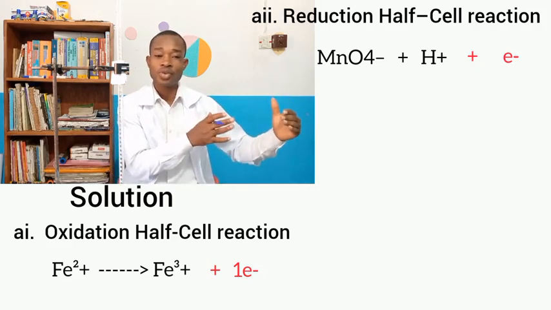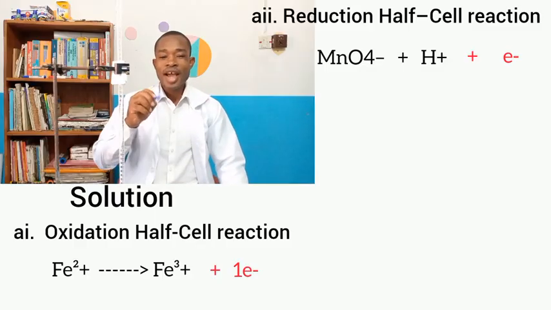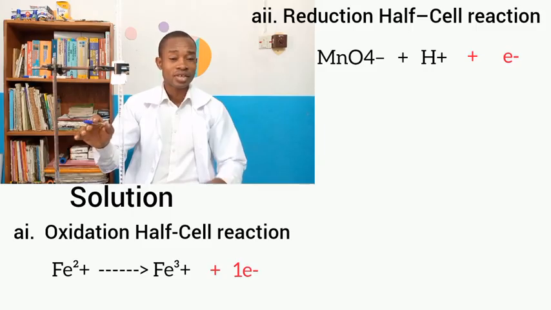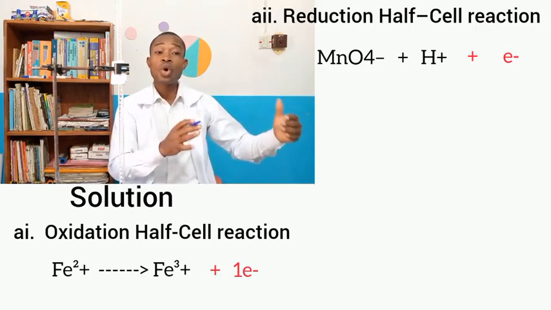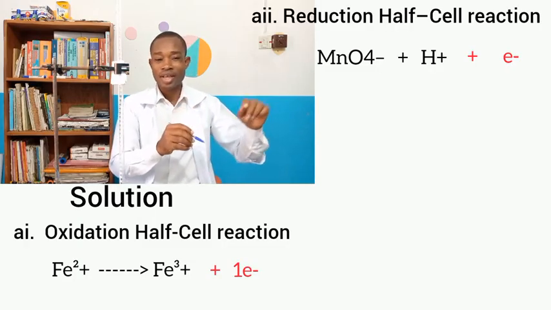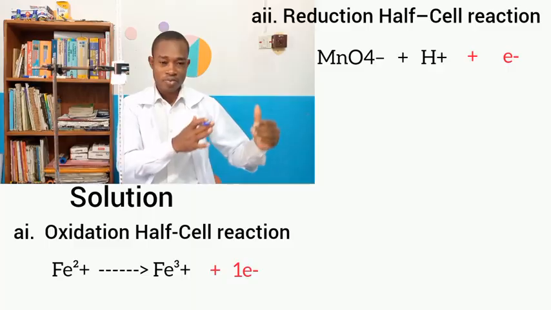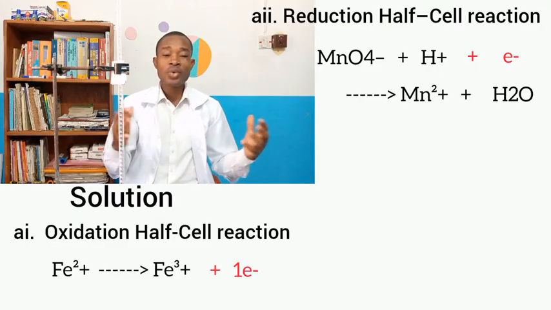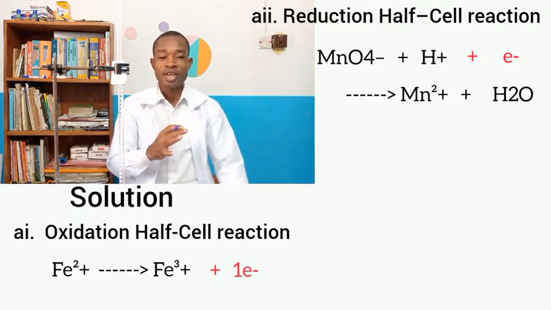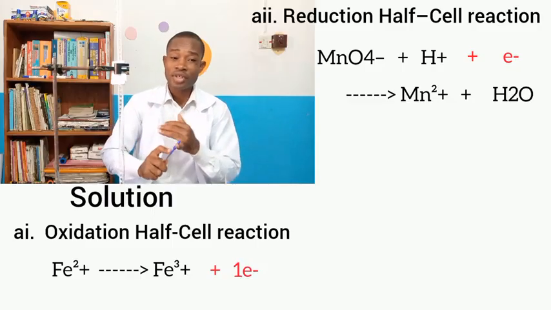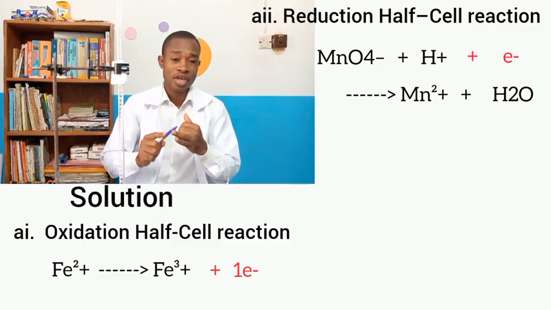Then in the product side, what are we going to get? The hydrogen in the reactant is going to react with the oxygen in the reactant, and then it's going to give us water together with the Mn2 plus, that's the manganese 2 ion, which means that in the product we have manganese 2 ion plus water. Now we need to balance the atomicity in this reaction, respecting hydrogen and then oxygen. Are you following?